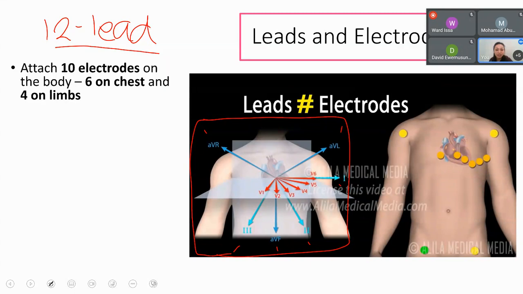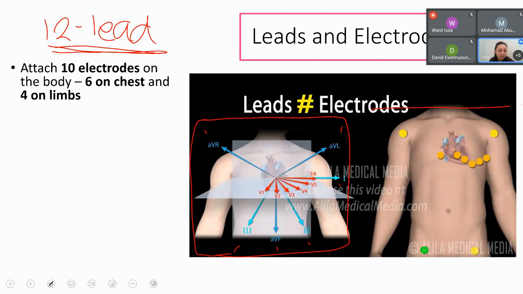In this 12 lead ECG, we only attach 10 electrodes, 6 on the chest and 4 on the limbs. With these 10 electrodes, we can generate 12 different views of the heart, because we can use the other electrodes to act as a reference for another lead.